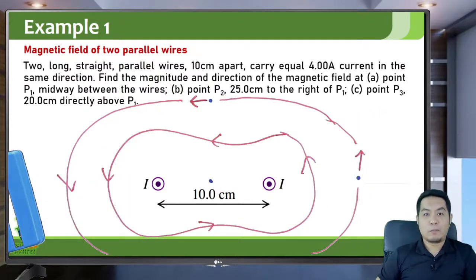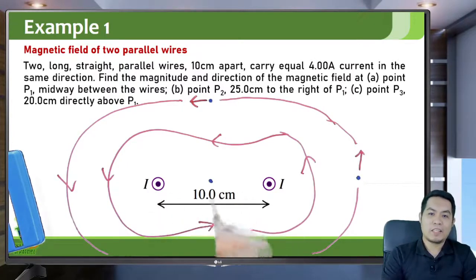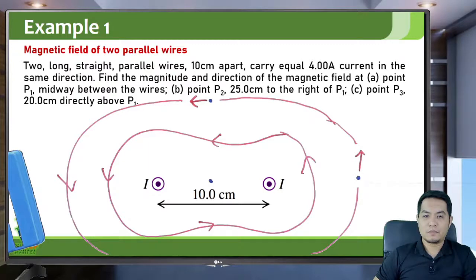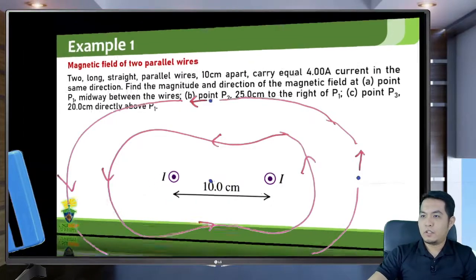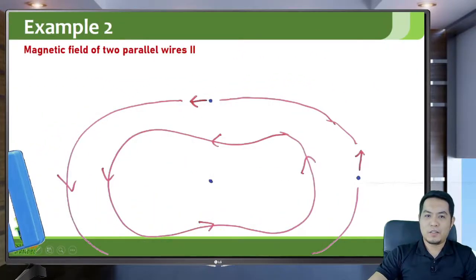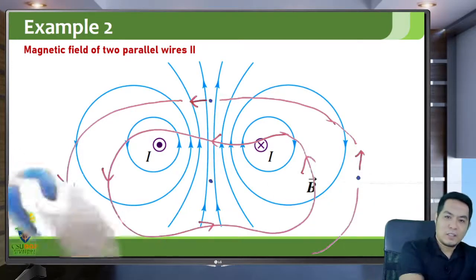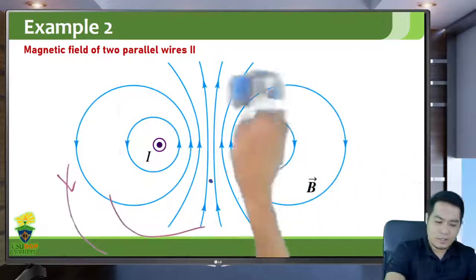So you will expect a pattern something like so. That's the magnetic field pattern of two parallel wires with the same current flowing through them, same current and direction. So there will be zero magnetic field exactly at the middle. In the event that you have two parallel wires with opposite directions of the current, then the magnetic field looks like this.